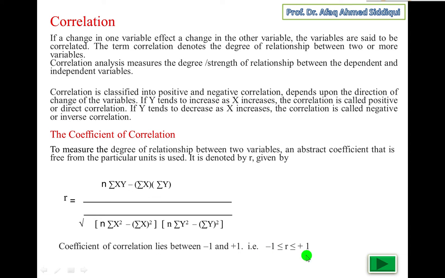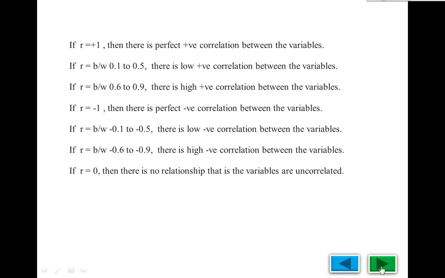So how do we interpret the value of the coefficient of correlation? If r is exactly +1, then there is perfect positive correlation between the variables. A value of r between +0.1 to 0.5 indicates low positive correlation between the variables. R between 0.6 to 0.9 is high positive correlation. Same as this, if the value is -1, perfect negative correlation.